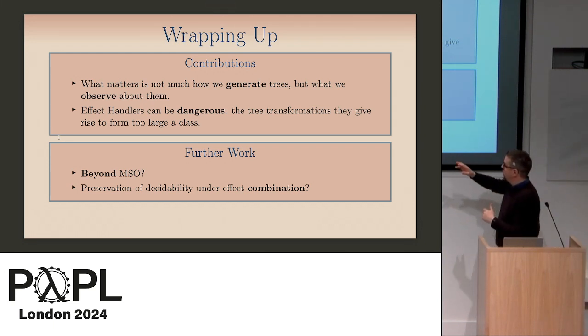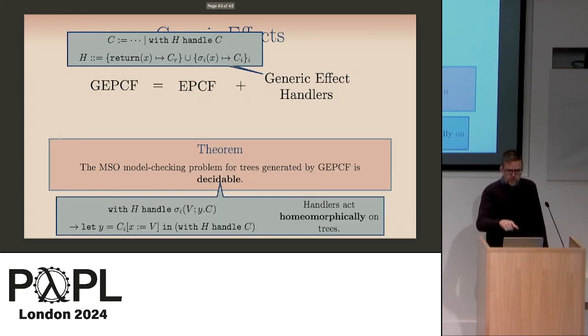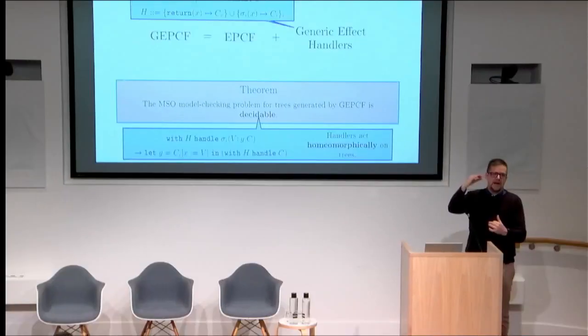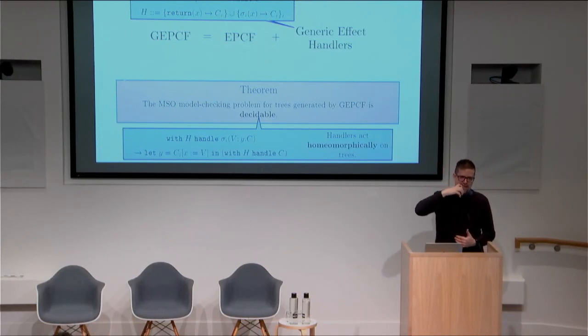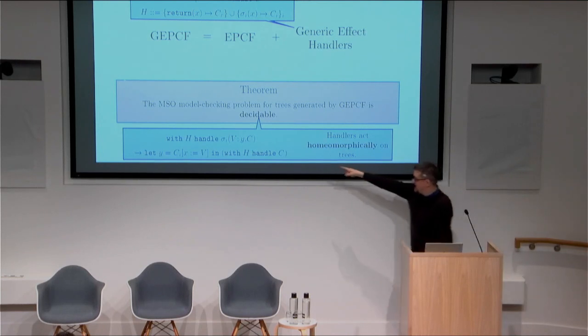Are you talking about how to tame the dangerousness of effect handlers? So I think that this is a bit what we have done. We have restricted the class of programs in the sense of restricting the class of handlers very abruptly. We don't know about the middle ground between general handlers and what we call generic effect handlers, which is again quite restrictive.